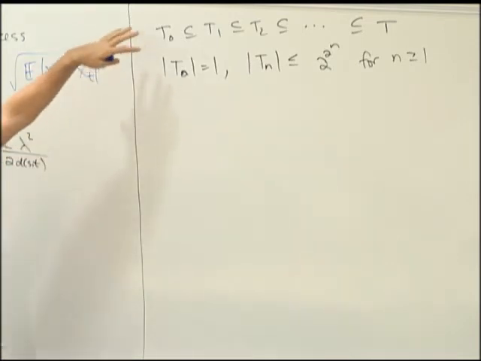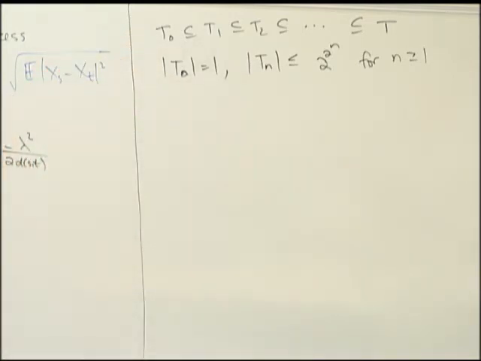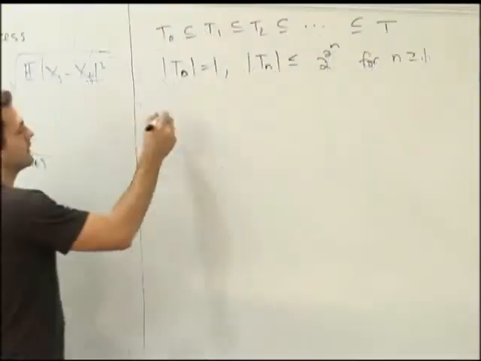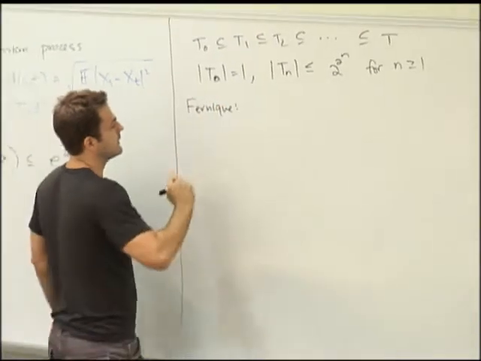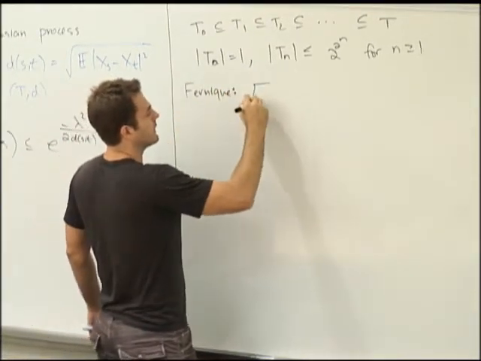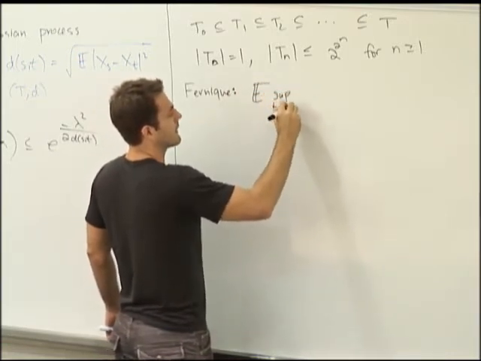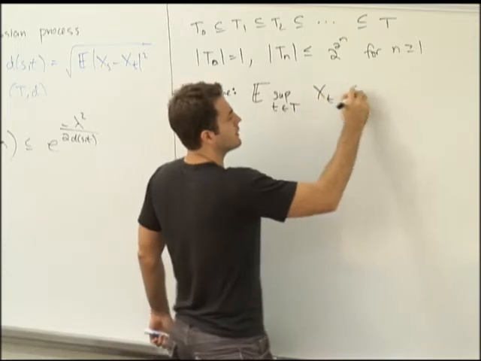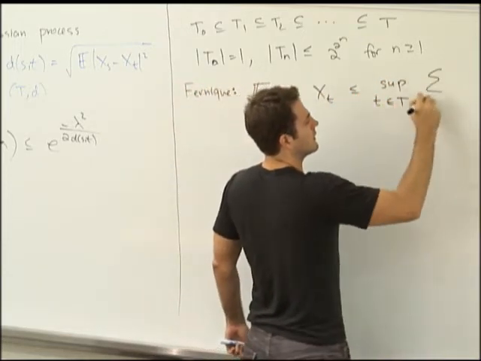But if we have sets satisfying these conditions, then we can use these sets to get a bound on this process as follows. This is a result of Fernique. Again, this is not how Fernique stated it, but it follows from Talagrand's work, which is that the expected supremum of this process is at most this quantity.